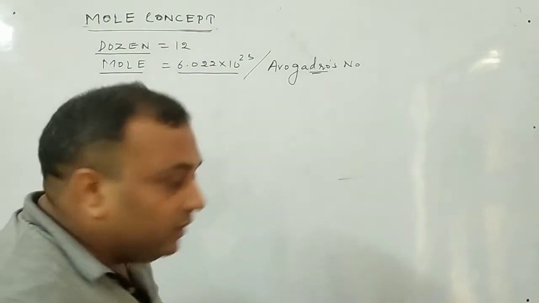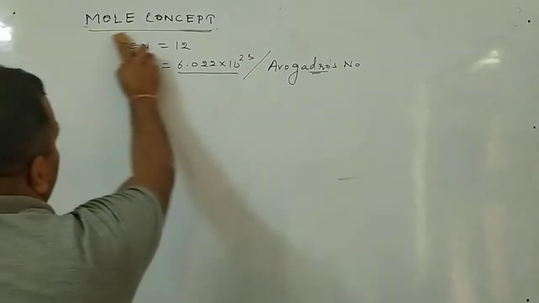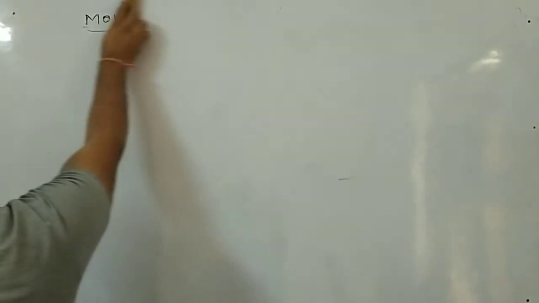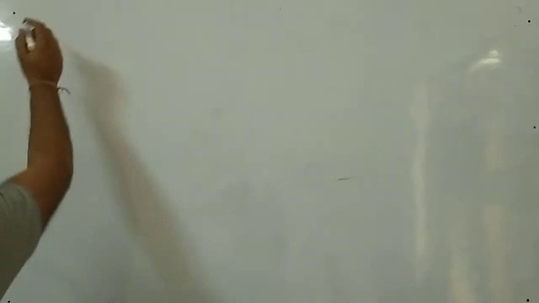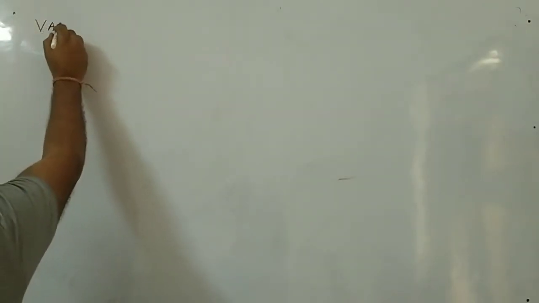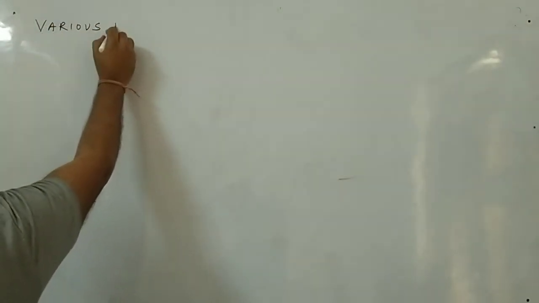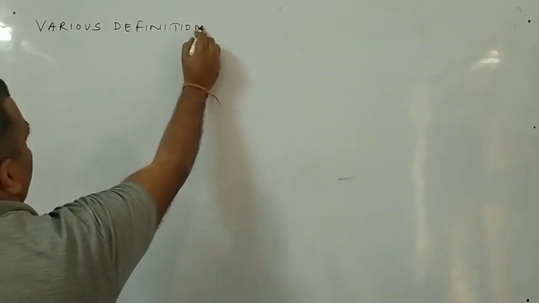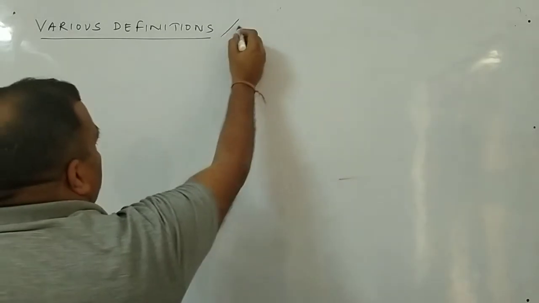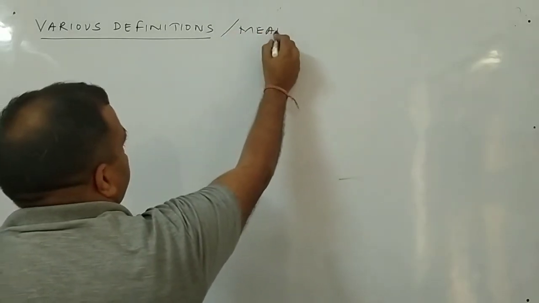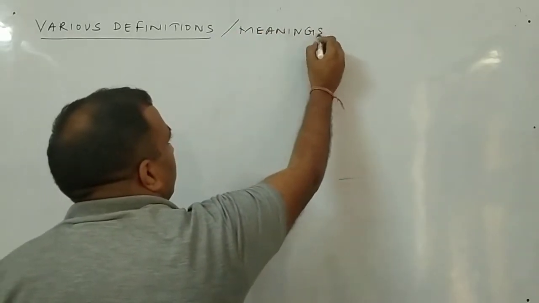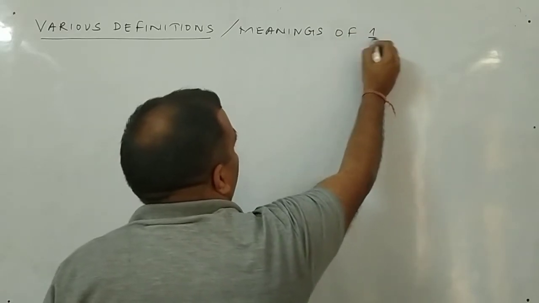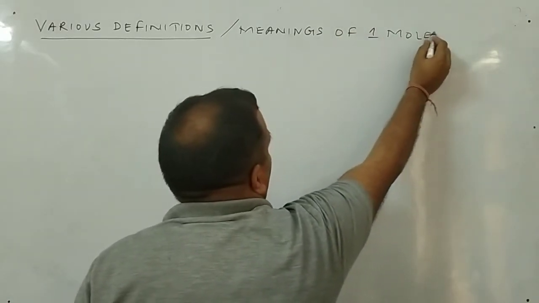So before I start the topic, just understand that mole is simply a number, said to be Avogadro's number. First I will start with the various definitions, or you can say meanings, of one mole.